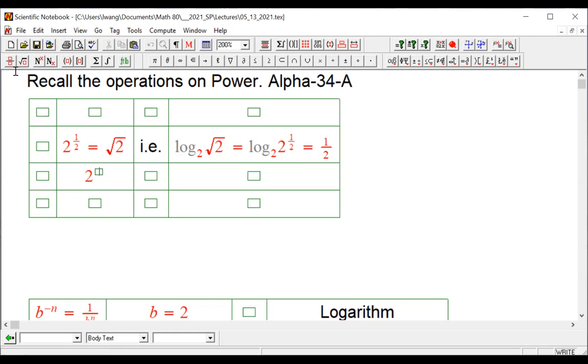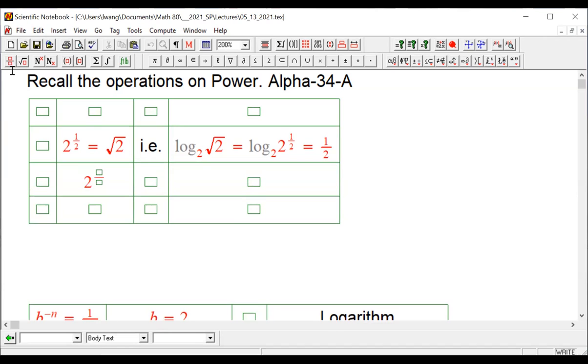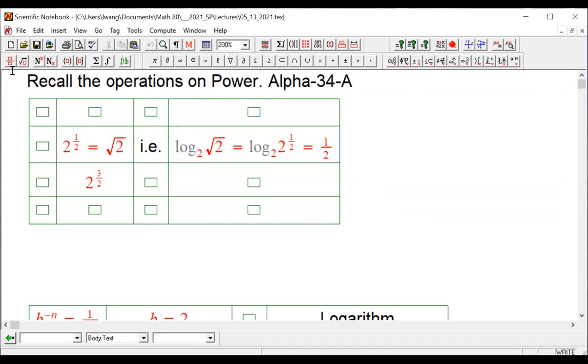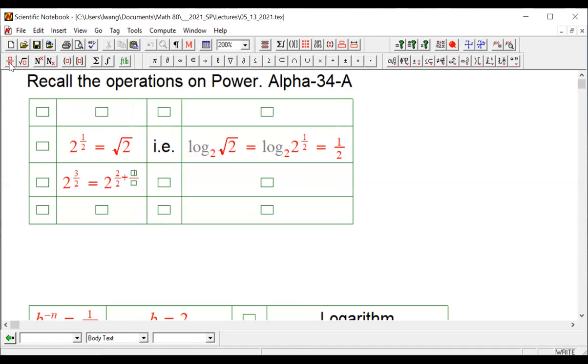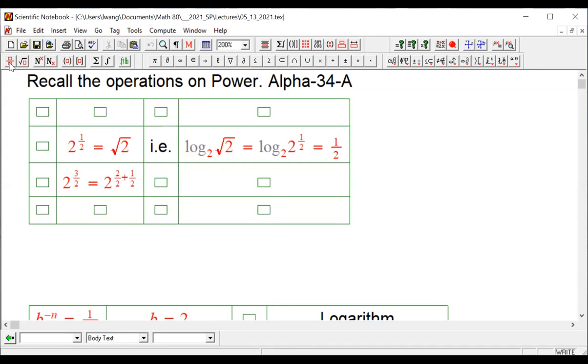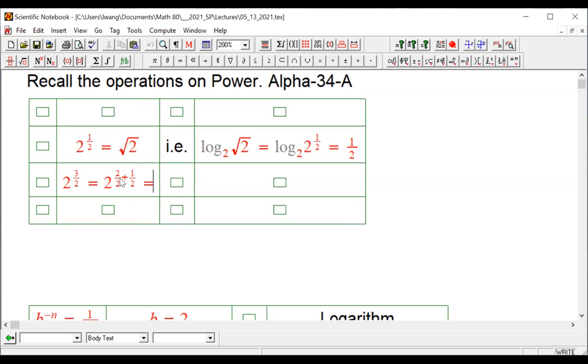Okay. Now, how about some other fractions? 2 to the power of, say, 3/2. What is 2 to the power of 3/2? 2 to the power of 3/2 is 2 to the power of 2/2 plus half. Just practice with these numbers. 2/2, of course, is 1, right?